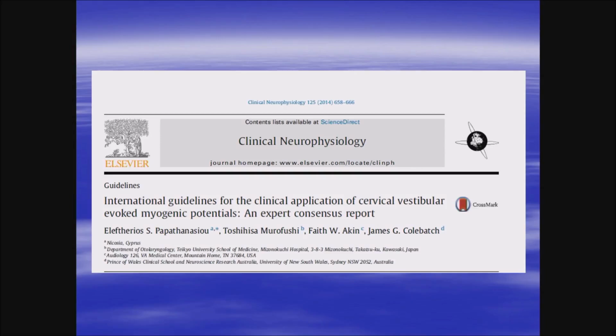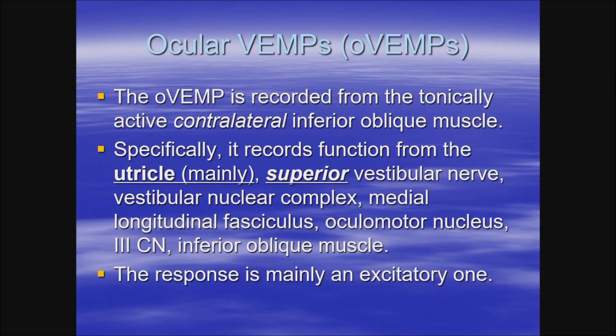So we felt at the time, together with my colleagues, Toshi Murofushi from Japan, Faith Akin from the USA, and James Colebatch from the USA, we got together, and in 2014, we published guidelines with regards to how best to record and stimulate for cervical vestibular evoked myogenic potentials that can be agreed upon on a worldwide scale. And now this is considered an international guideline by the International Federation of Clinical Neurophysiology. We hope to do the same for the OVEMPs as well, and I hope we can do that very soon.